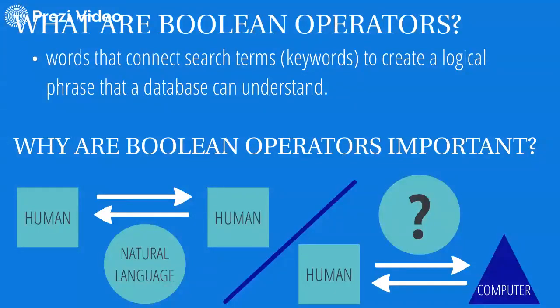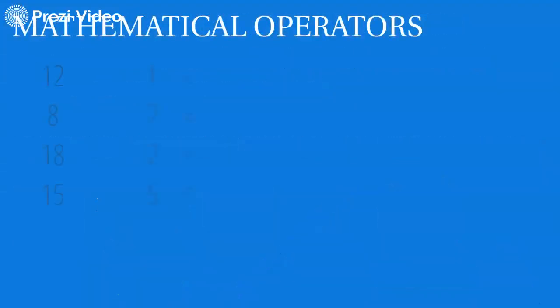And when you're trying to understand what Boolean operators are and how they work, it's helpful to review and relate those to what you might already be familiar with, and that's mathematical operators. So if I gave you a set of numbers and I asked you to give me an answer, it would probably be difficult for you to do that because I have not given you enough information.